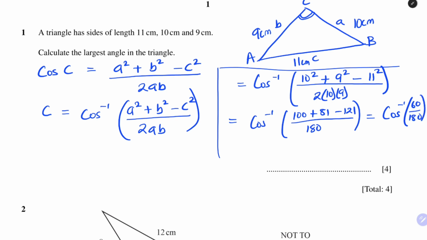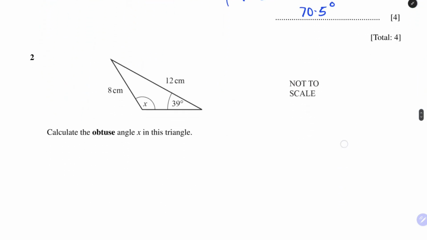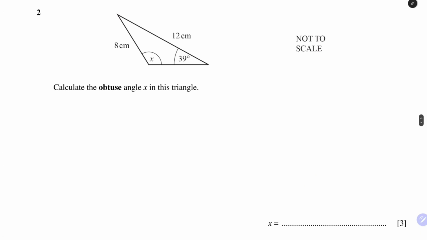If you punch that on your calculator, you're going to have 70.52 and quite a number of other figures. The requirement is that you give your answers in degrees to one decimal place. So our final answer here will be 70.5 degrees.